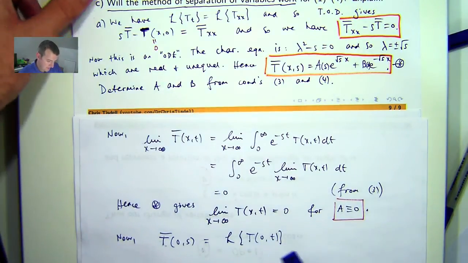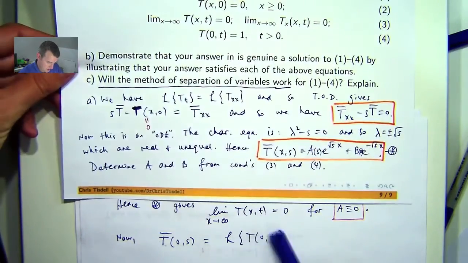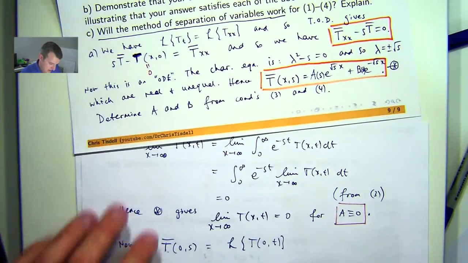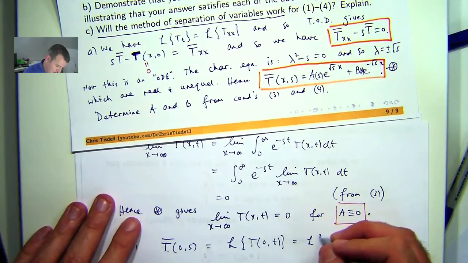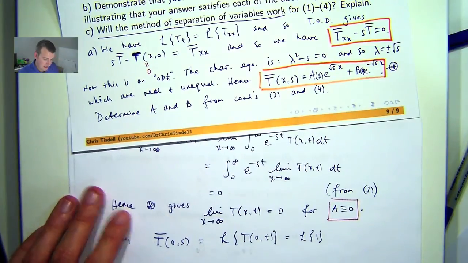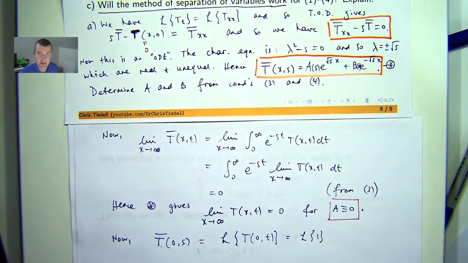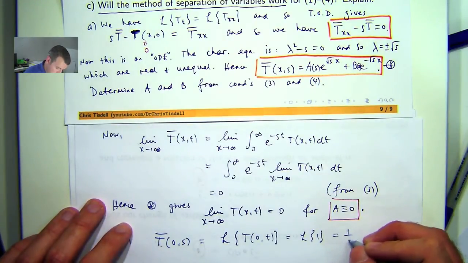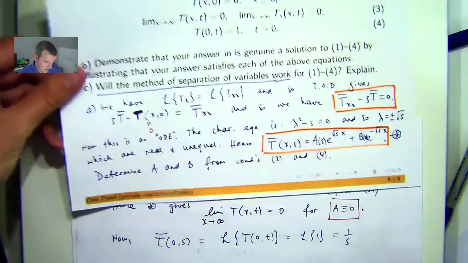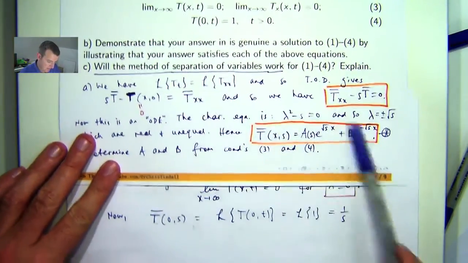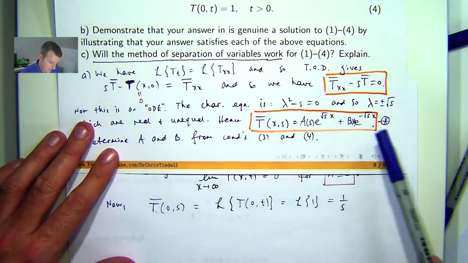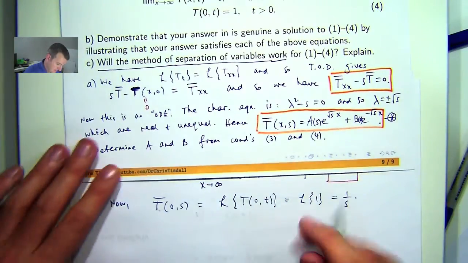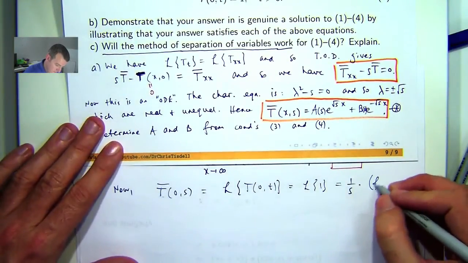Okay, and if I go up here, well, this is just 1. So it's the Laplace transform of 1. Now the Laplace transform of 1 is just 1 on s, which you can calculate directly or from a table, for example. So what does that mean? Well, I now have another condition that I can team up with star to get b of s. So this was all from 4.